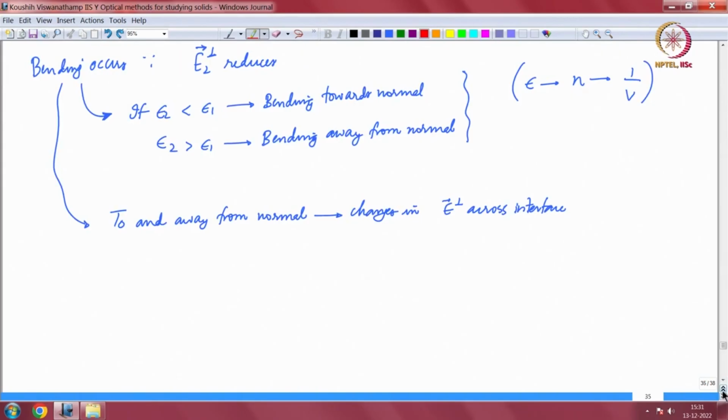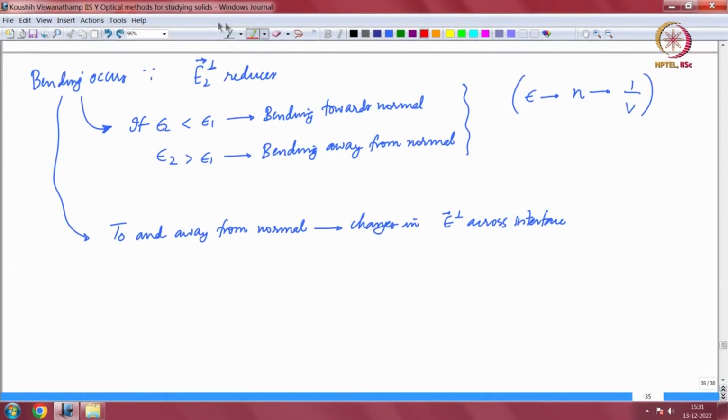I think we also briefly mentioned that you can have bending towards the normal or away from the normal. These are things that we have seen in a ray optics or geometric optics class before, perhaps in high school, and all of this can be explained by taking the ratio epsilon 2 to epsilon 1, which tells us which way the light ray is going to bend.